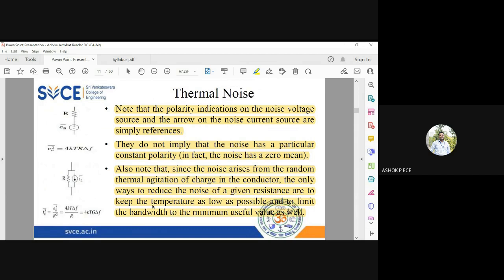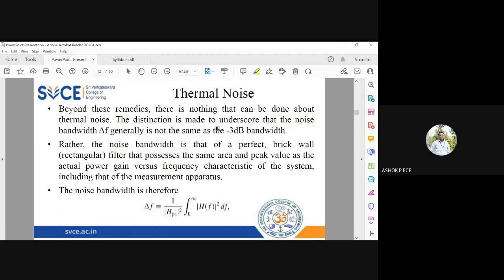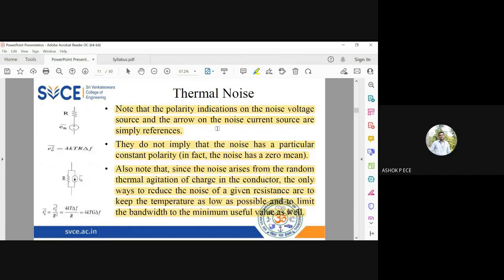Or use a smaller value of resistance, or use a system which is going to have a minimal bandwidth. These are some of the most effective techniques which will ensure that thermal noise is not going to disturb my system. Otherwise, thermal noise will have a cascading effect on the performance of your system.